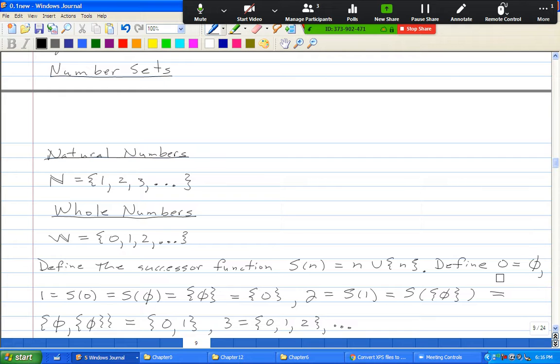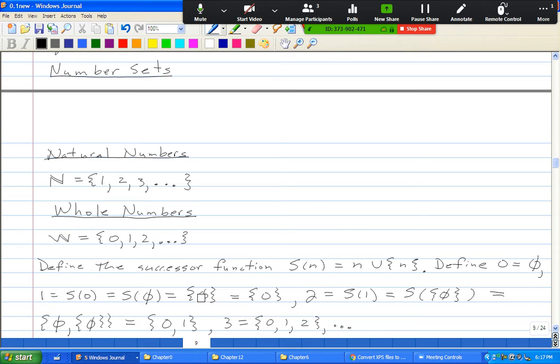So you can define 0 as the empty set. Define 1 as the successor of 0. Well, 0 is the empty set, so the successor of the empty set is the set containing the empty set, because the empty set union anything is just that anything.